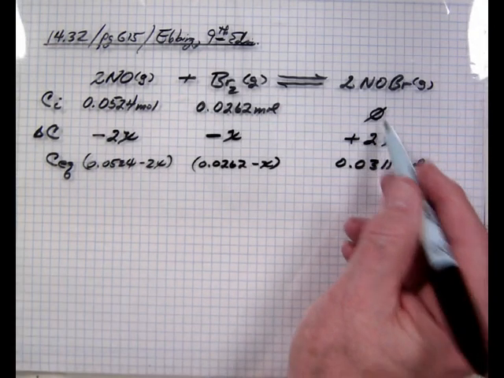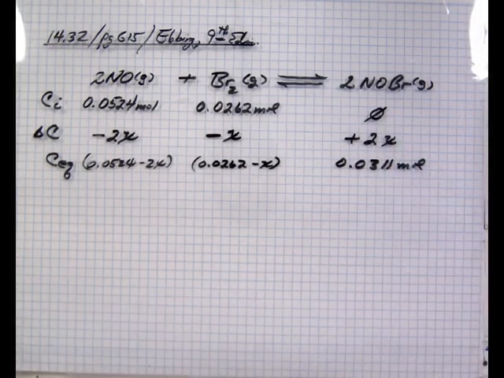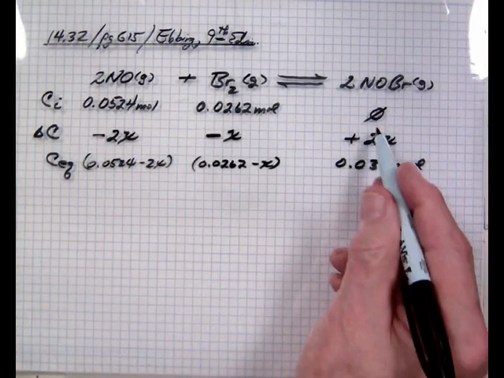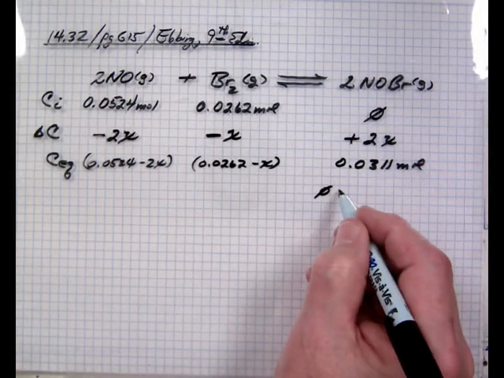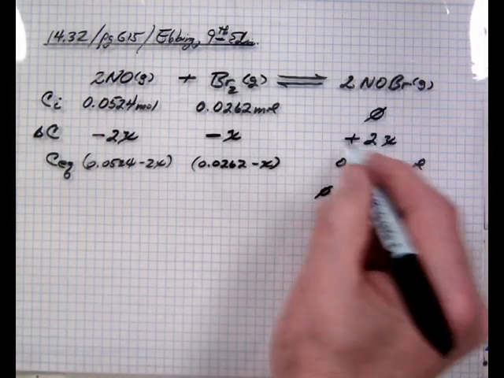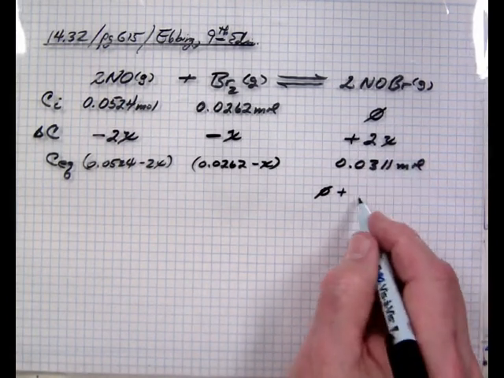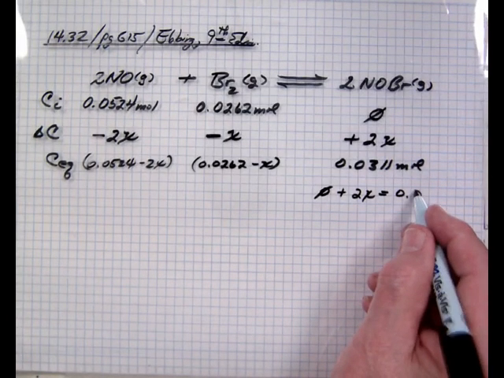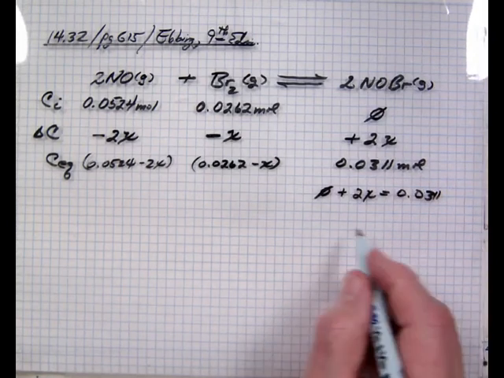Since the algebraic sum is equal to the equilibrium, then from here, 0, and I'm doing this for emphasis, 0 plus 2x is equal to 0.0311 mole.